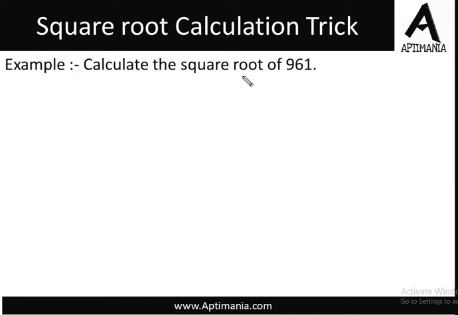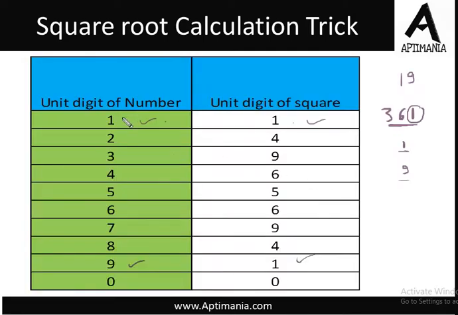Now suppose we need to calculate the square root of 961. What we will do is, first of all, make pairs of 2 from the right-hand side and that of remaining numbers. Here we have only one digit, 9. Since this number is ending in 1, we know that the number whose square it is must end in either 1 or 9.